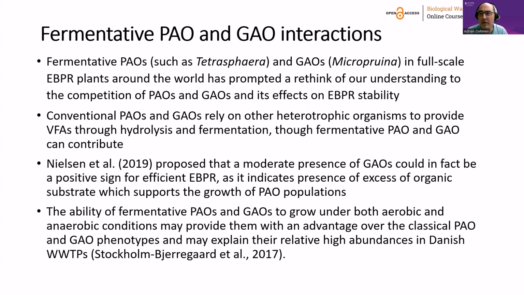And whether or not the fermentative organisms themselves contribute towards phosphorus removal, they can have a positive impact on, say, conventional POWs like Accumulibacter, providing carbon sources to them. So that can be a potential advantage. So there are different ways to look at these interactions between POWs and GAUs. Okay.